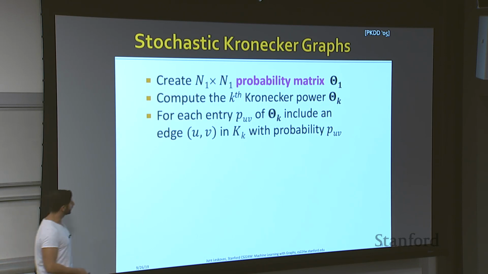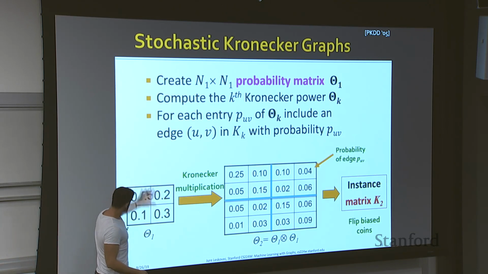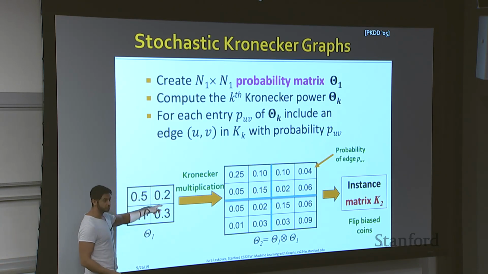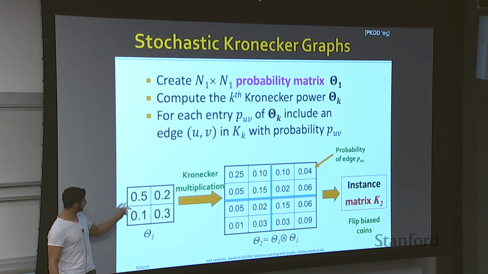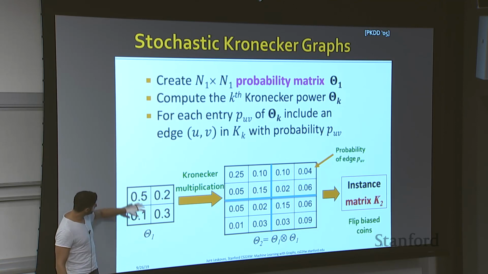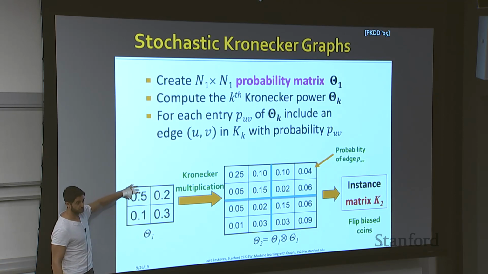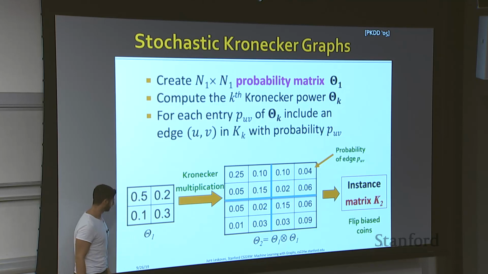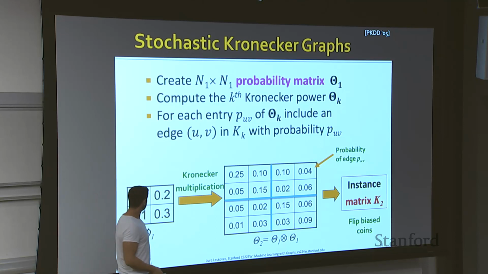And the way in which we do that is, this is our initial theta1. These are probabilities. Notice that they don't have to sum to 1, okay? Each element has to range between 0 and 1, but this is the probability that that edge exists, okay? So they don't have to sum to 1. In fact, here this is 1.1. And then we do the standard Kronecker product, as I said before. So from theta1, we go to theta2.